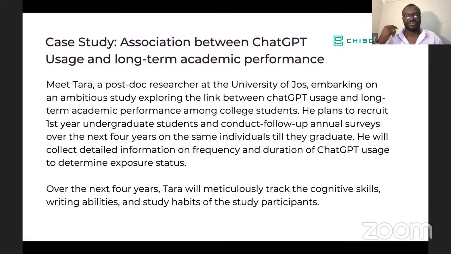Tara plans to recruit first-year undergraduate students and to conduct a follow-up annual survey over the next 4 years on the same individuals till they graduate from university. He's going to collect detailed information on frequency and duration of ChatGPT usage to determine exposure status. Over the next 4 years, Tara will meticulously track their cognitive skills, writing abilities and study habits. What kind of study is this?